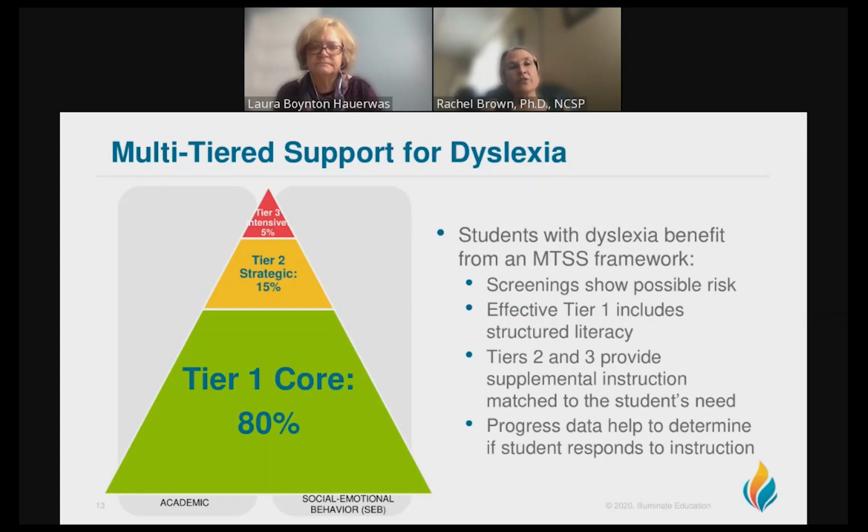And our presentation is going to be situating approaches to supporting students with dyslexia within a three-tiered model and recognizing that the most effective supports will start with tier one core instruction, and that it is how we layer on tier two strategic supplemental instruction, as well as any necessary intensive intervention that will make the difference for students with dyslexia.